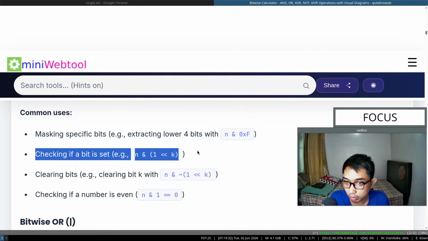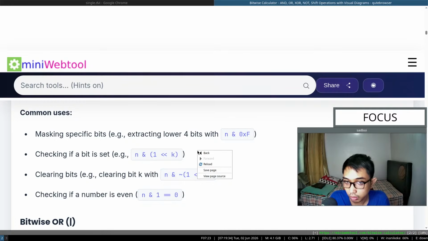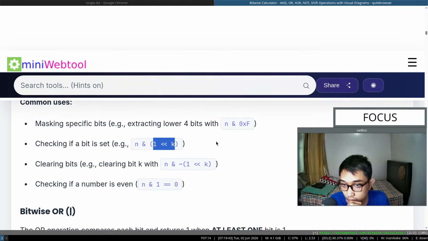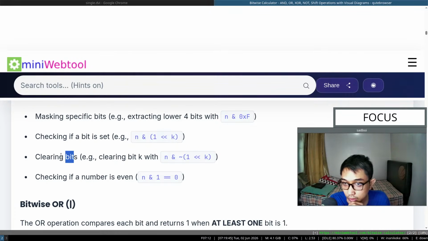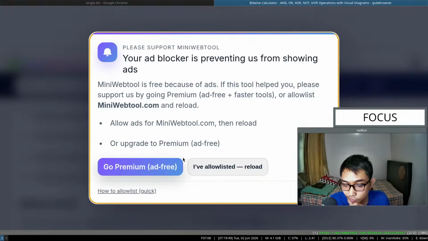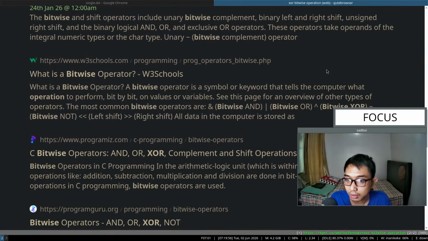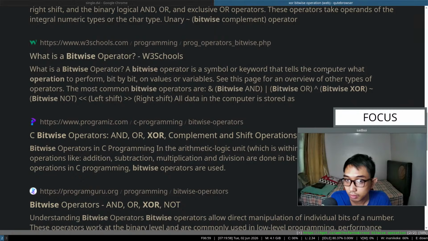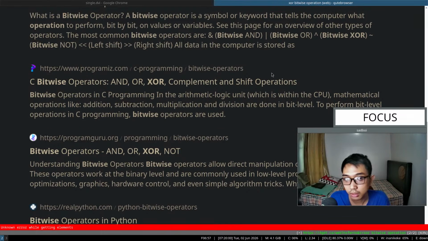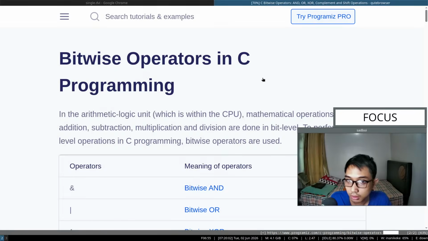Checking if a bit is set. Oh, okay. Clearing bits. Okay. Wait. Let's try this one, I guess.